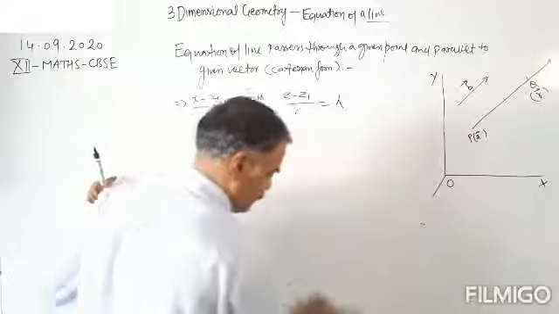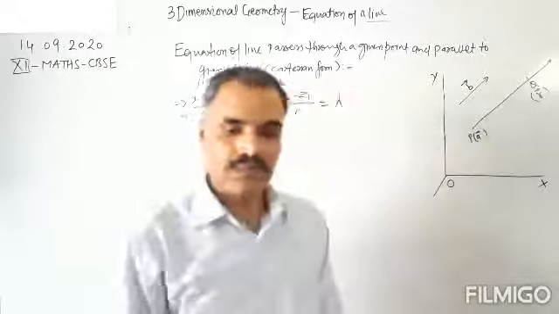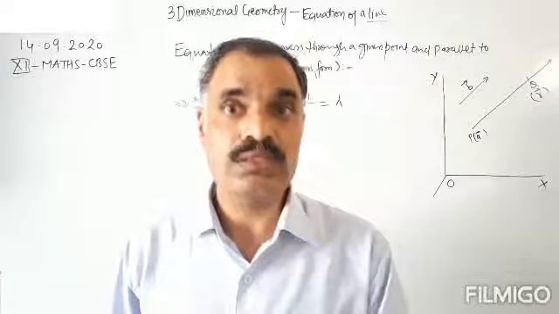of the equation of a line passing through a point whose direction ratios or direction cosines are given.